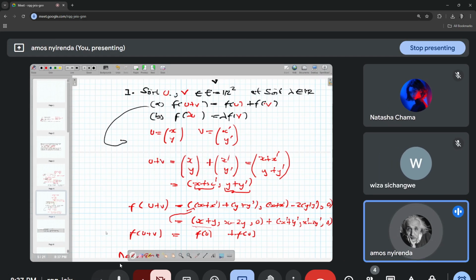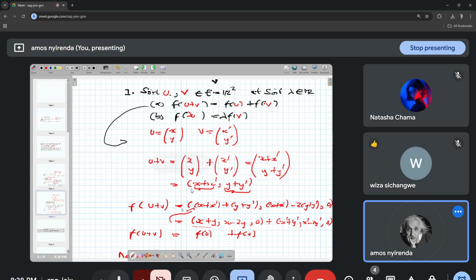Right, so I had another connection problem. So, are you able to see the screen? Yes, you can see. Très bien.